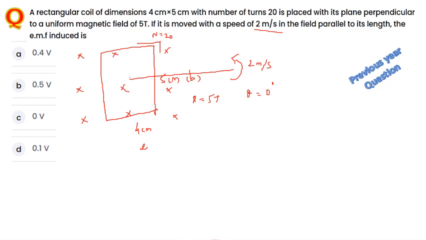The induced EMF is equal to BLv sin theta. B, length and speed are given, and theta is 0. Substituting, sin 0 is 0, so everything is 0, that is 0 volt. So that is the answer.